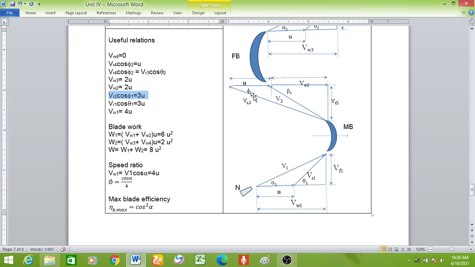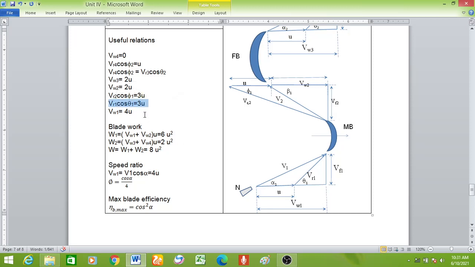So from this I can write Vr1 cos theta 1, that is this distance, is equal to Vr2 cos phi 1. When you equate this, I get the value of Vr1 cos theta 1 as 3u.